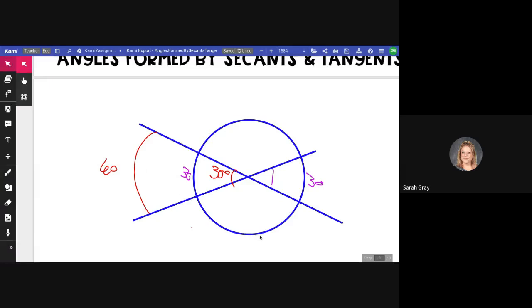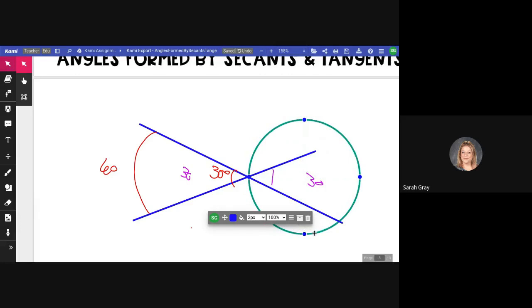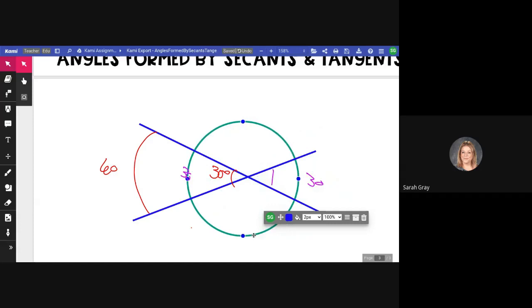We slide it even more. Now we've got the small arc on the left and the big arc on the right that's going to add up to 60. And if you went all the way over that way, and my lines were long enough, you'd have the large arc on the right. So no matter how that circle is positioned along those two intersecting lines, the arcs add up to 60 degrees.